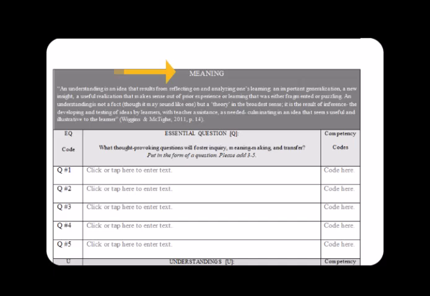The meaning-making section is made up of essential questions and understandings. Essential questions are thought-provoking questions and are often not simply yes or no answers. Essential questions help students learn and think more critically about the content information. At the end of your unit, you want your students to be able to answer the essential questions.